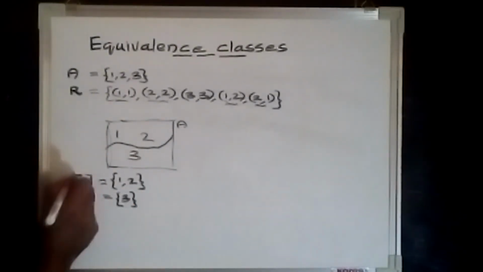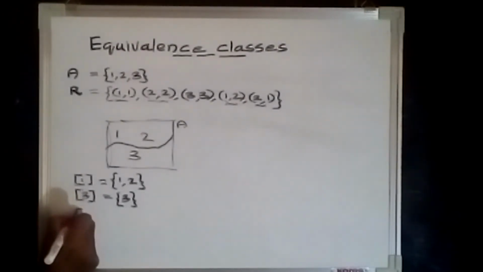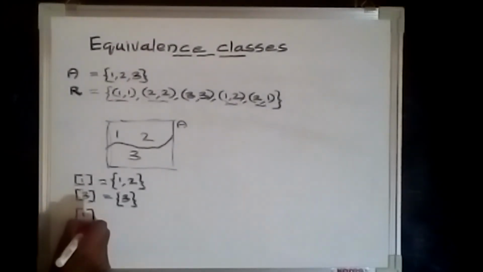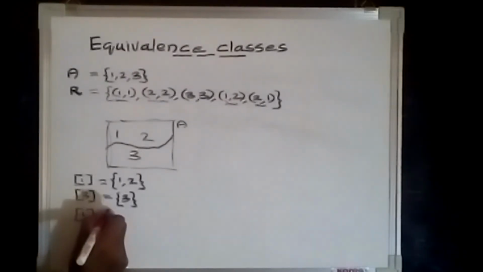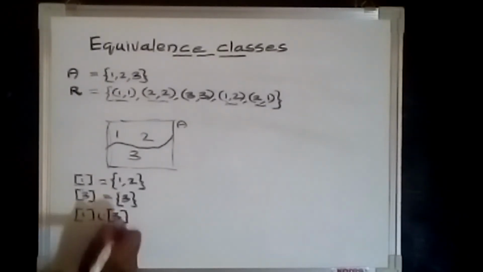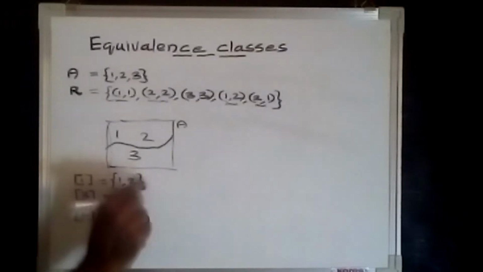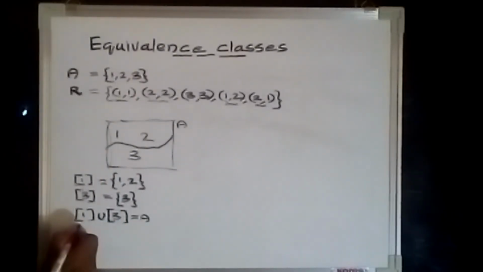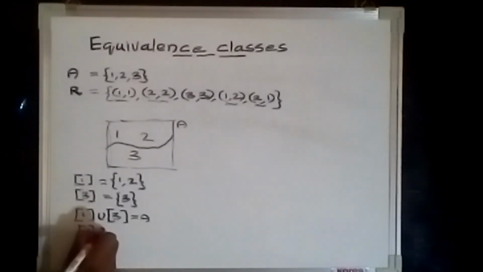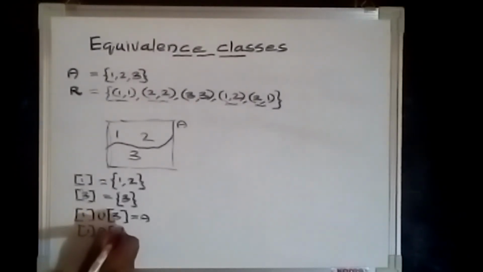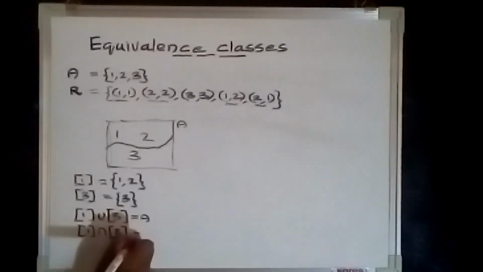Also, the union of these two classes, class 1 union class 3, gives the given set A, the set {1, 2, 3}, and their intersection, class 1 intersection class 3, equals the empty set.